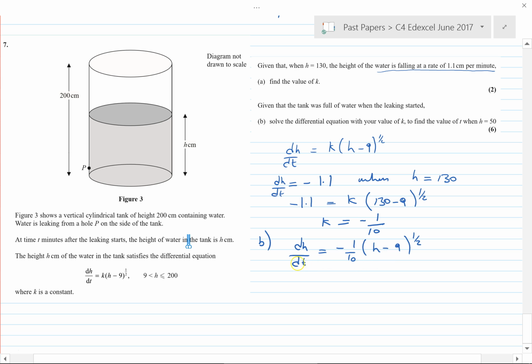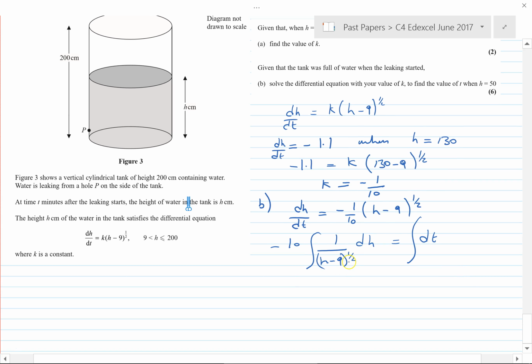There's no t at all apart from the dt bit, so let's take that over there and take the whole lot of the other stuff over to the other side. So we'll have minus 10 integral of 1 over h minus 9 to the power of half dh is equal to the integral of dt.